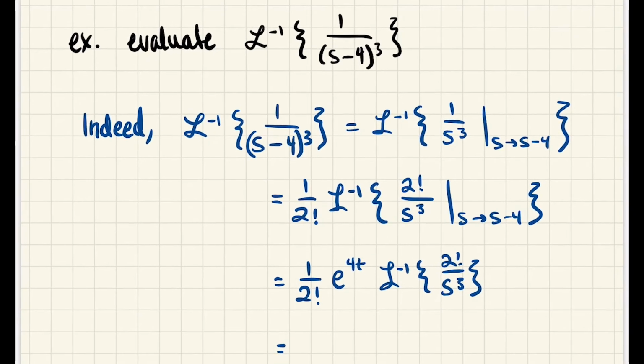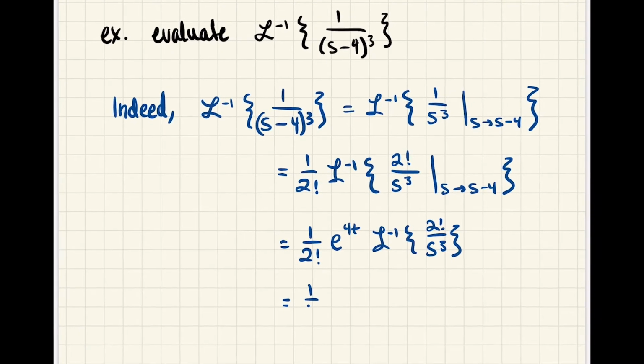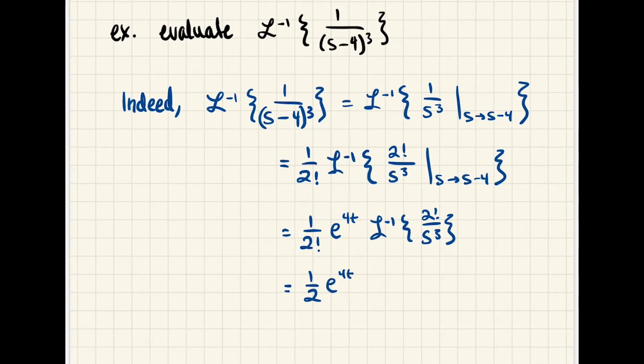Okay, well, 1 over 2 factorial is 1/2, e to the 4t, and then the inverse Laplace of this thing is t squared. So we basically have our final answer. Let's just write it a little bit nicer. And there we are.